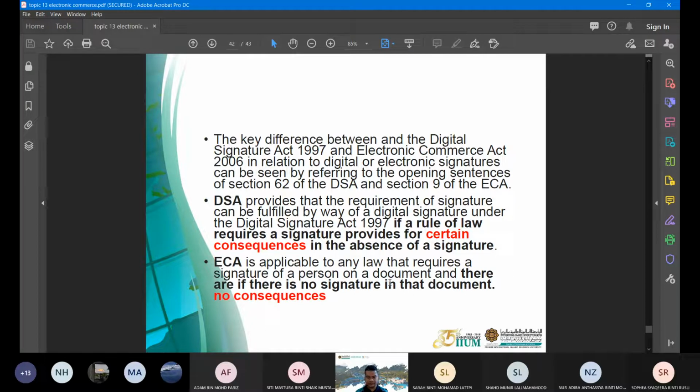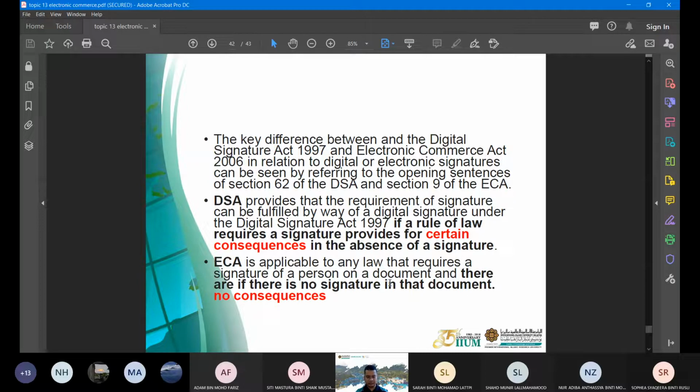So in that particular industry, they have to use it, and then they are bound lah by all the requirements of the Digital Signature Act. But other kind of simple agreements that do not need this kind of thing, so they don't have to apply Digital Signature Act. They can just use Electronic Commerce Act, or maybe even the Contract Act lah.